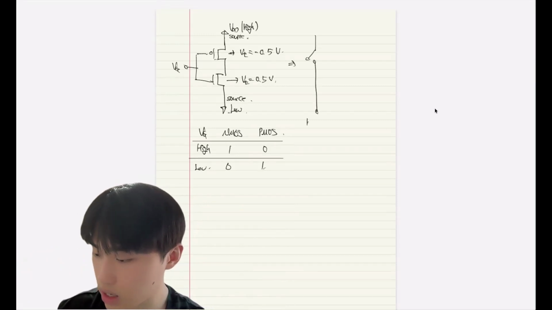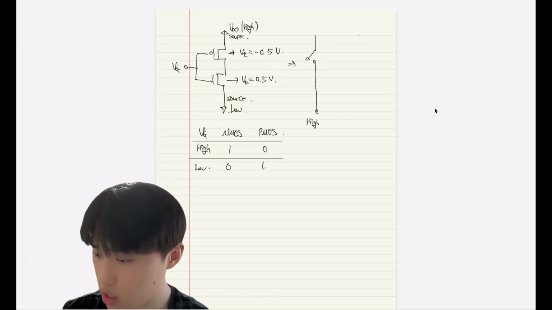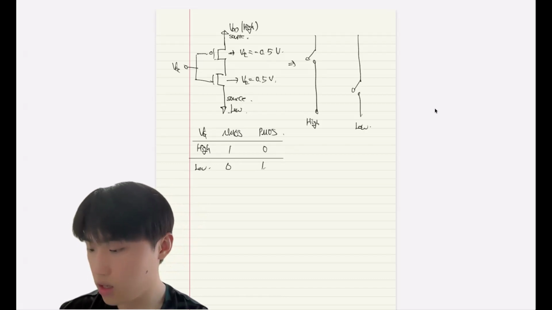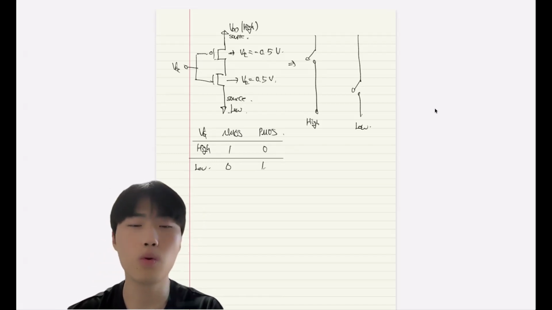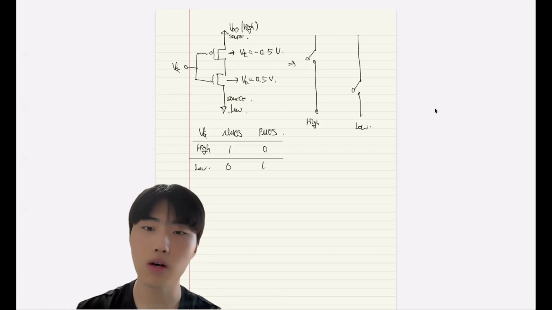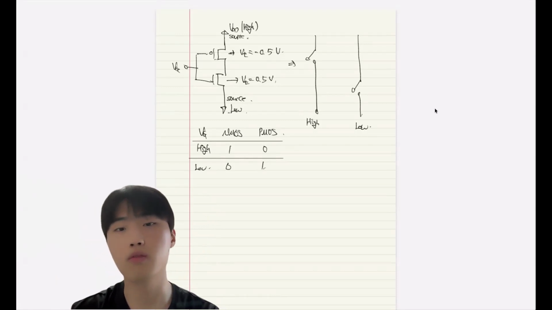This will be the high when we have some high on the VG, and this will be the NMOS. This will be the low when we have some low on the VG. So from the point of view of a circuit, the series circuit will be open, so none of the current will flow on this circuit.